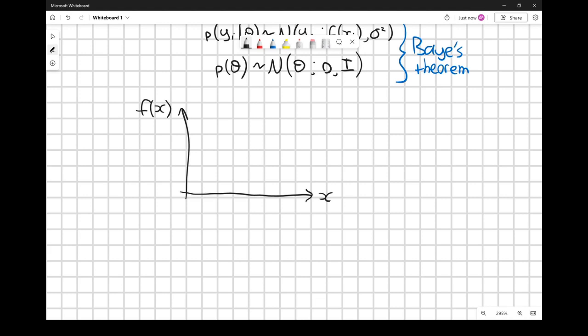I'm going to go through a two-stage process: first generate a sample of theta from the prior, and then plot how our proposed model varies with x for that particular sample.